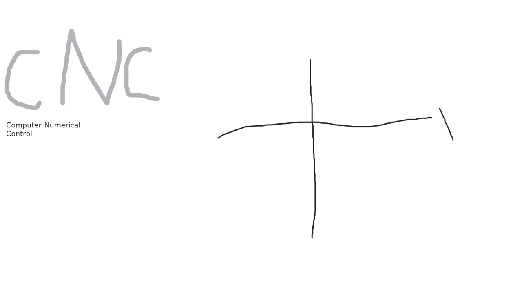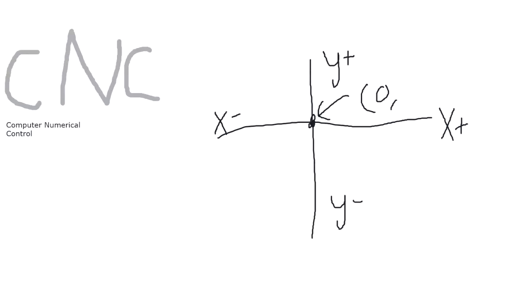So this is X positive, Y positive, X negative, and Y negative. The center-most point, we're going to work off of here. This would be 0, 0. That means that on the X, we're at 0, and on the Y, we're at 0.